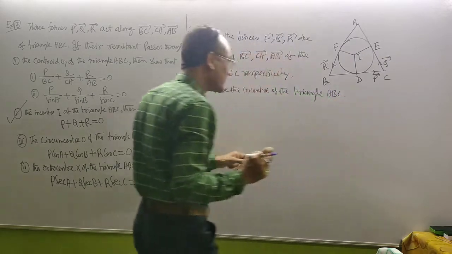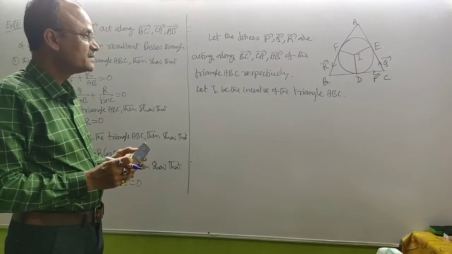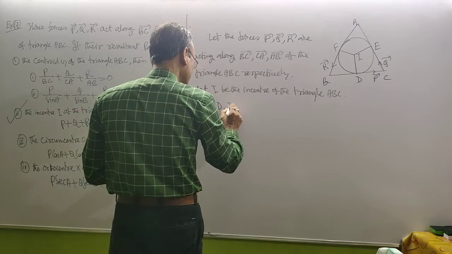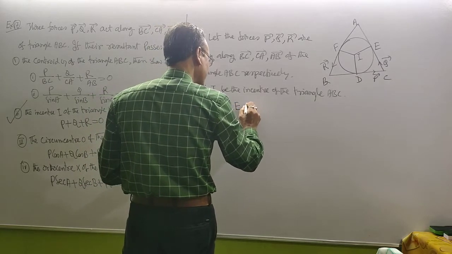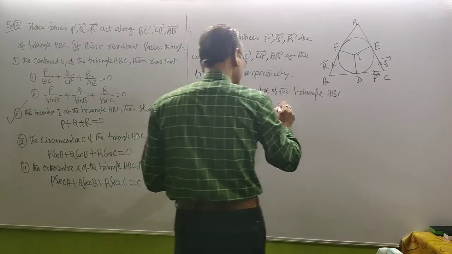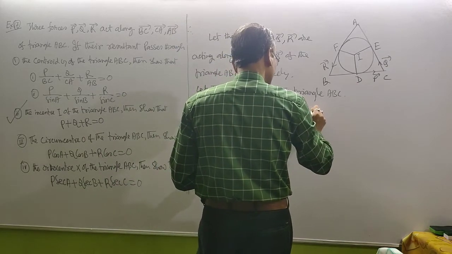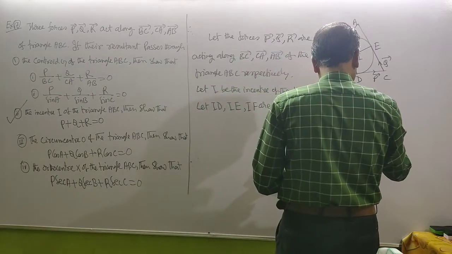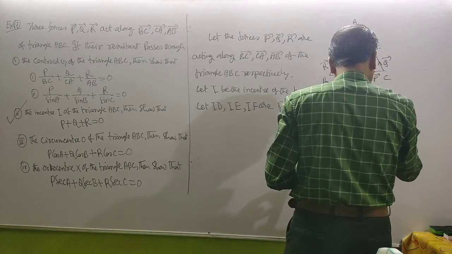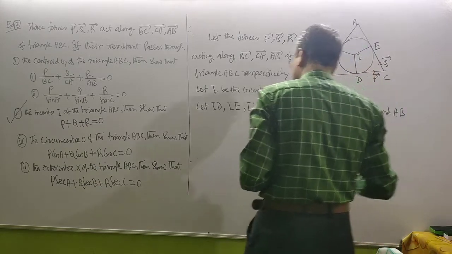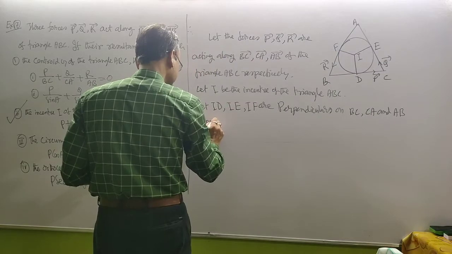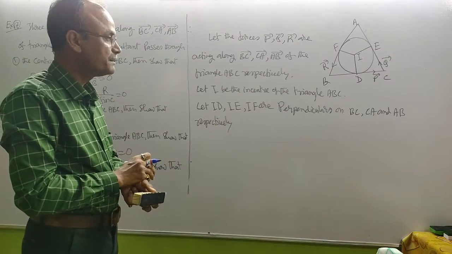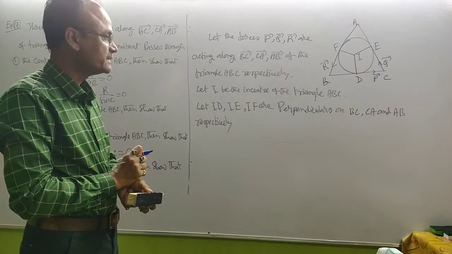Let I be the incenter of the triangle ABC. Let ID, IE, IF be the perpendiculars on BC, CA, and AB respectively.